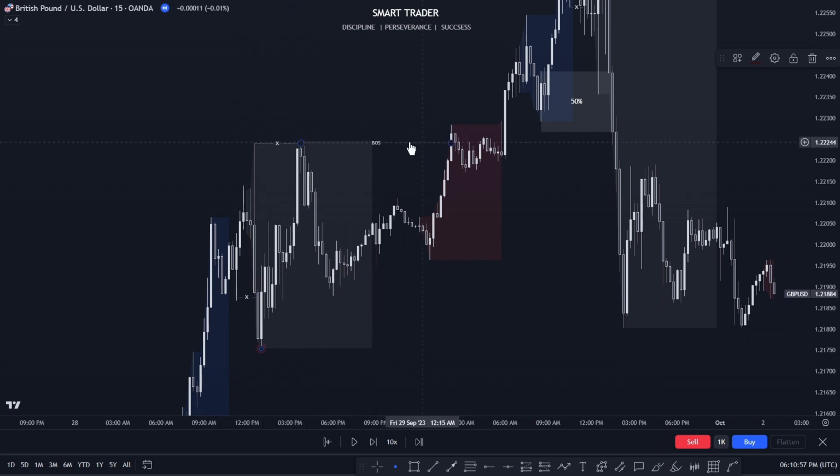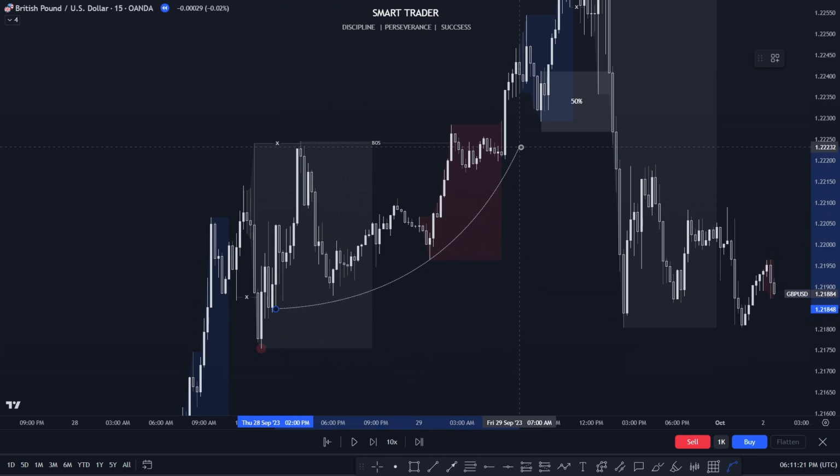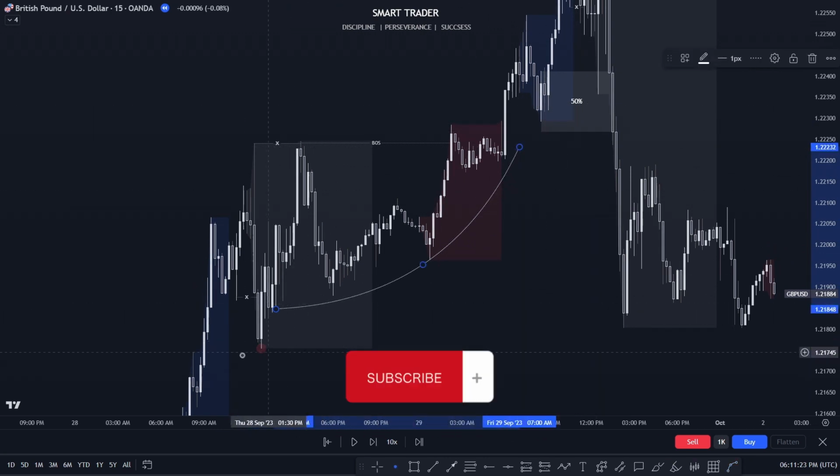Because the market has broken this last high, this last higher low becomes our extreme order block right here, and anything between our extreme order block and our decisional order block is a trap. So you have to avoid trading on any order block between our decisional order block and our extreme one.